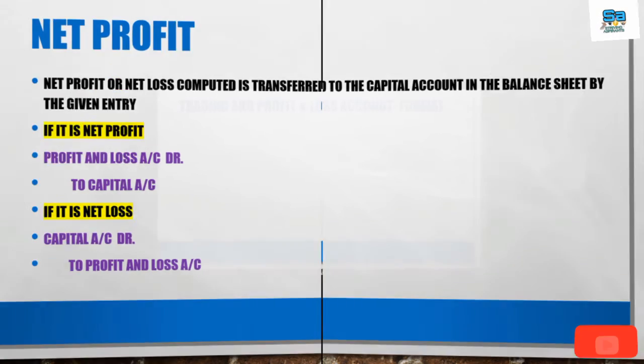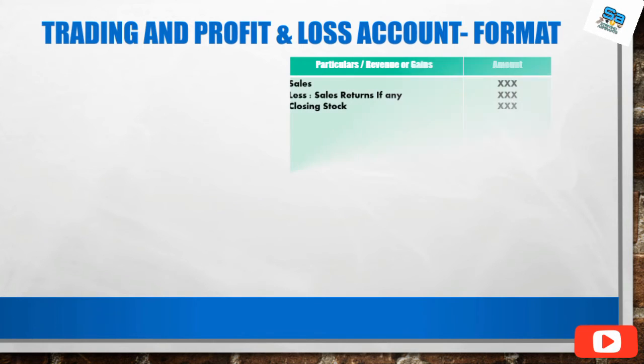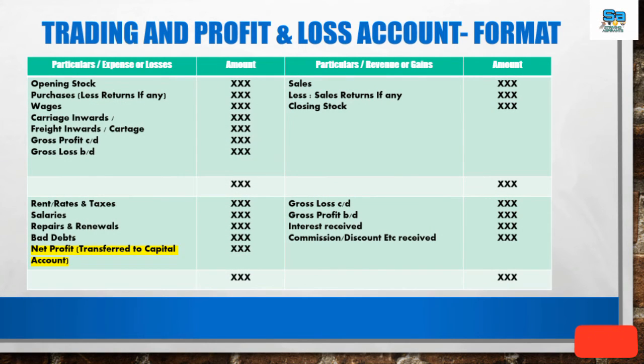Now again we will check the trading and profit and loss account format. On the left side of the profit and loss account, or the debit side, in the second part of this format, we can see the indirect expenses shown: rent, rates and taxes, salaries, bad debts, etc. Similarly, after closing the trading account, we have brought down the gross profit here, if there is gross profit.